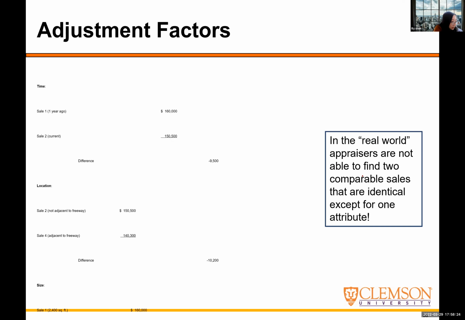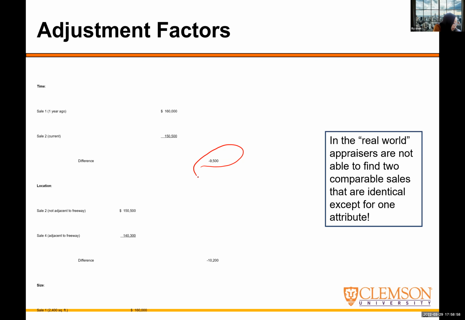Based on comparing the sale price of comparable 1 and 2, 1 was sold a year ago, 2 was sold this month. We know that the market has decreased by 9,500 over the past year. So compared to a property sold last year, you have to take some value down because the market has gone down.